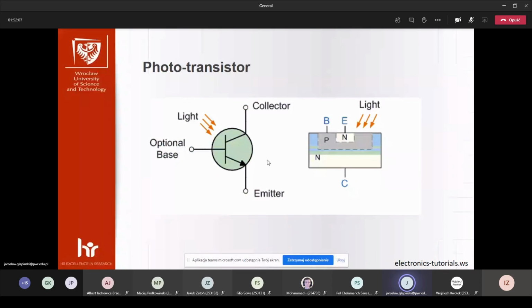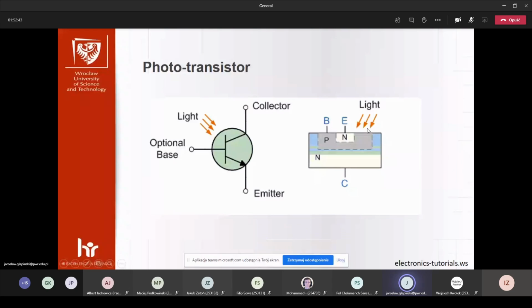What else? We can also have a phototransistor. A phototransistor is like a typical transistor, but we have no electrical input at the base. Similar to the photodiode, light causes the flow of electrons, the base-emitter movement of electrons, and this allows conduction between collector and emitter.